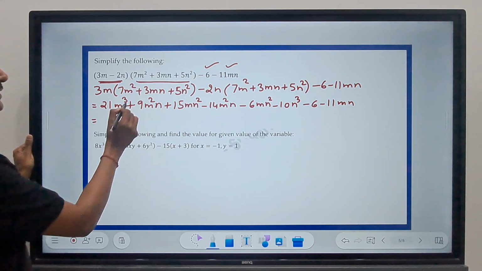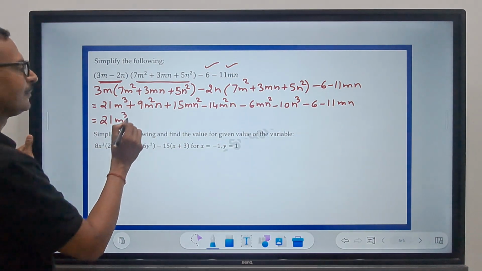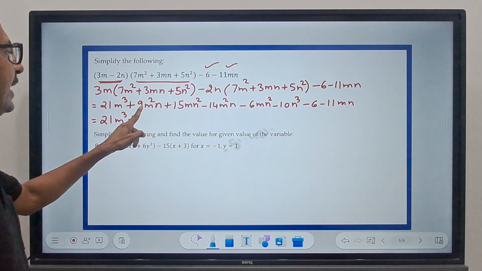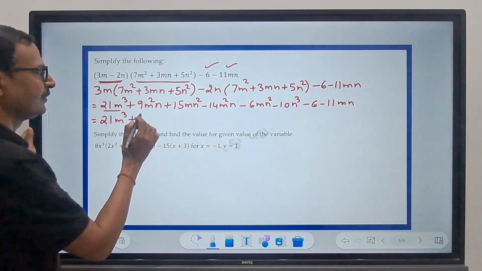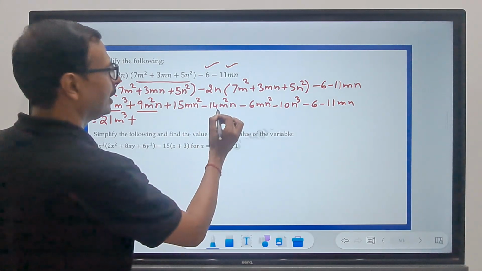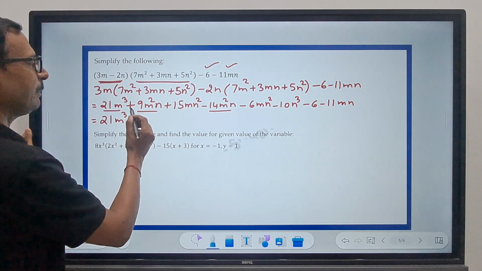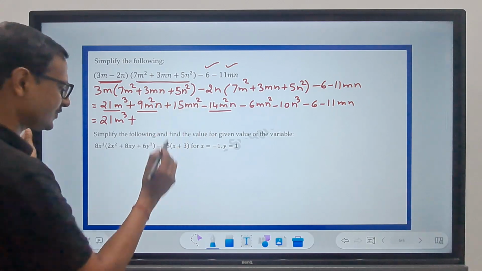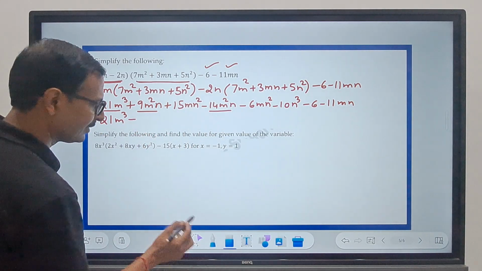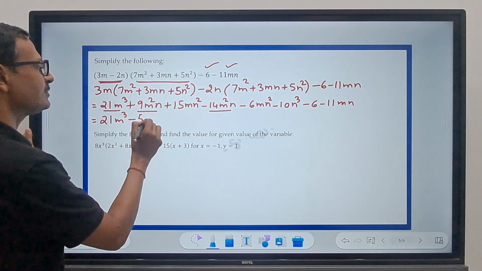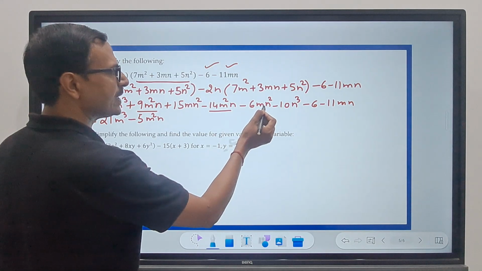21m cube. Is there any other term containing m cube? No. So 21m cube comes as it is. Plus 9m square n. So I'll underline the terms which we are done with. 9m square n and minus 14m square n. Nothing else. So plus 9 minus 14 is minus 5. So I need to write a minus 5 here. Right. So we have a minus 5m square n, plus 15mn square and minus 6mn square.